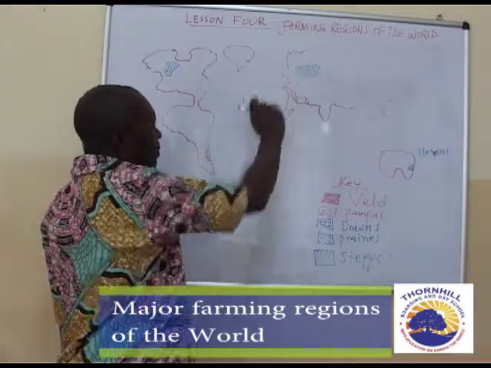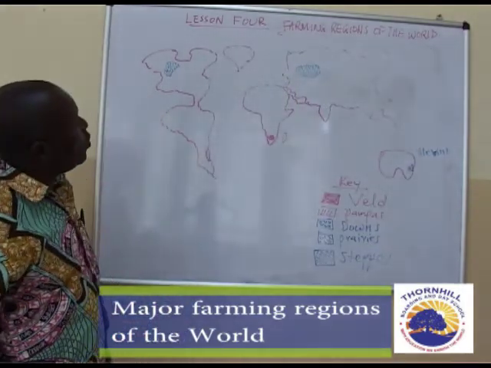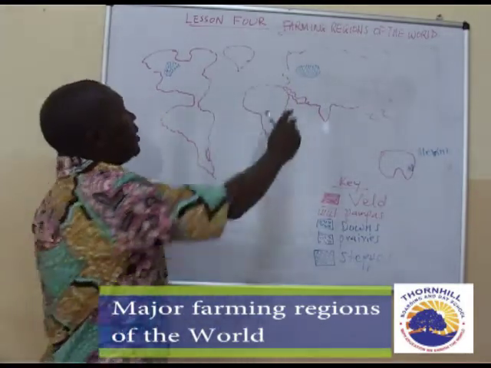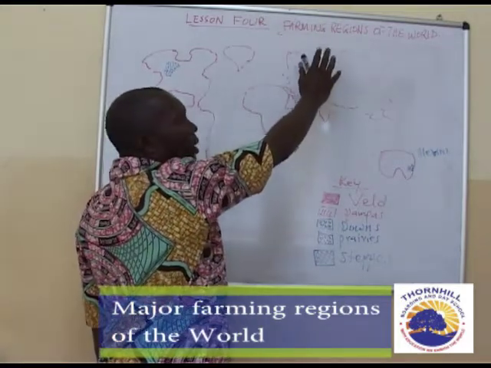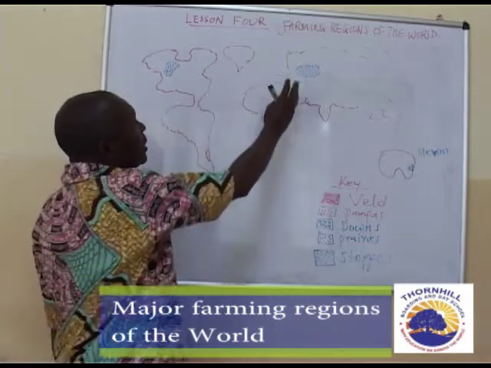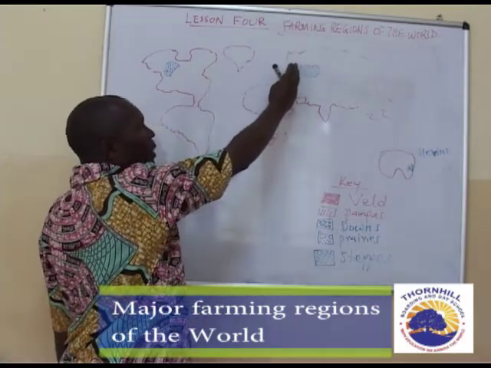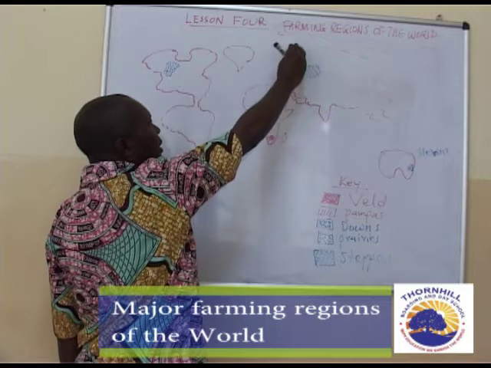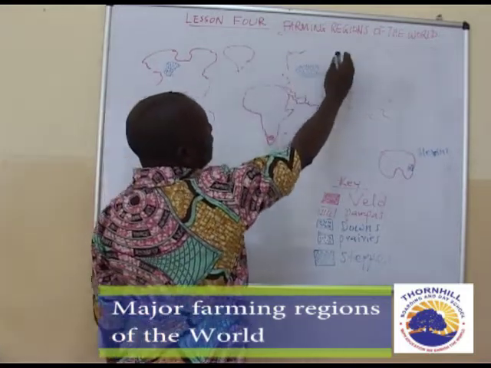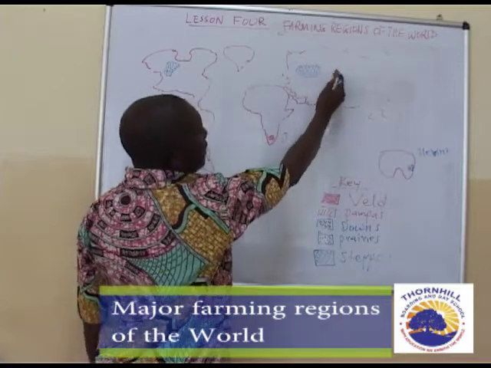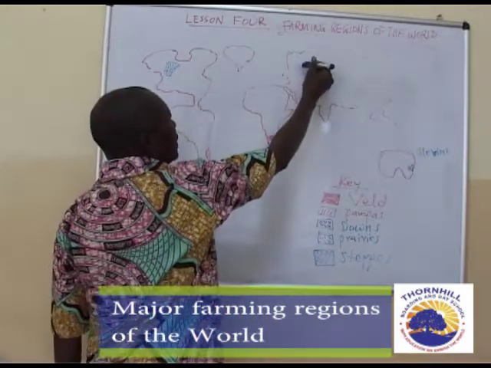The steppes are the only grassland that is found in two continents, Europe and Asia, that is Southeast Europe and West Asia. They are divided in between.